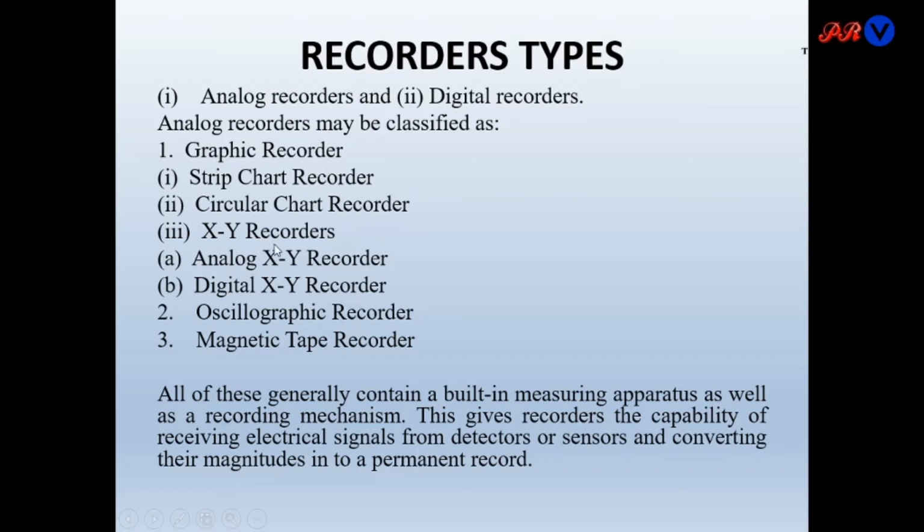Here XY means we can record two independent quantities as a function of time with each other, or we can record two independent quantities with each other. All of these generally contain a built-in measuring apparatus as well as a recording mechanism.